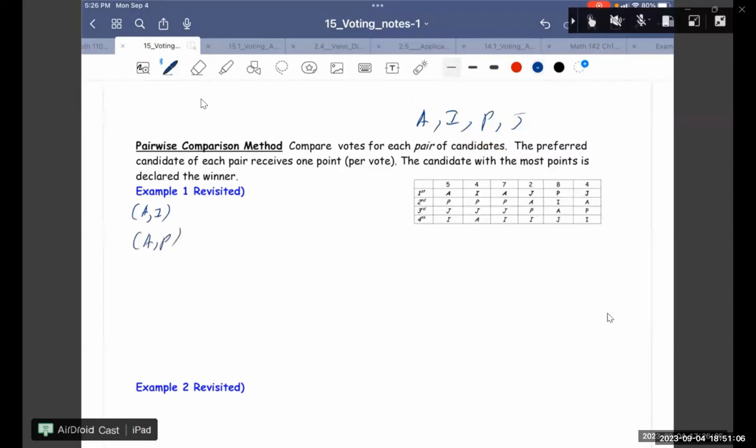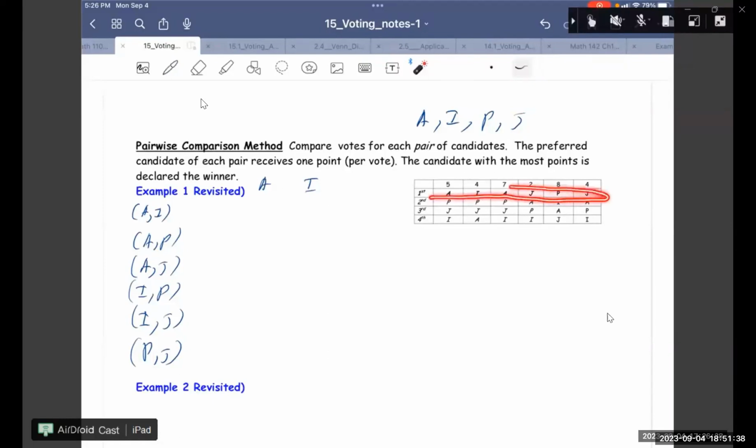So AP, AJ, IP, and IJ, and PJ. So as we can see, for A and I. So for A, first place. So we have this column right here.